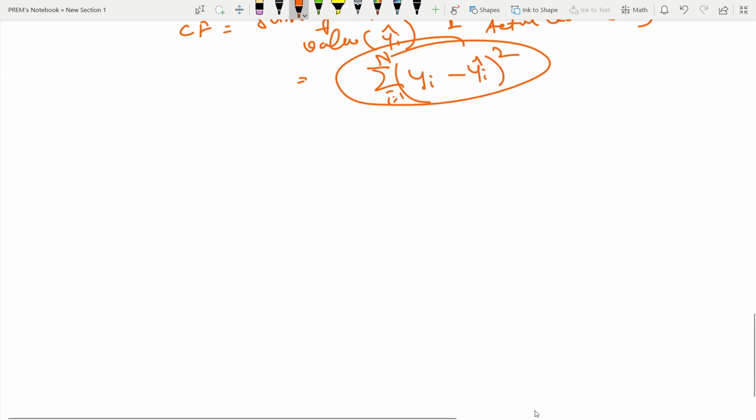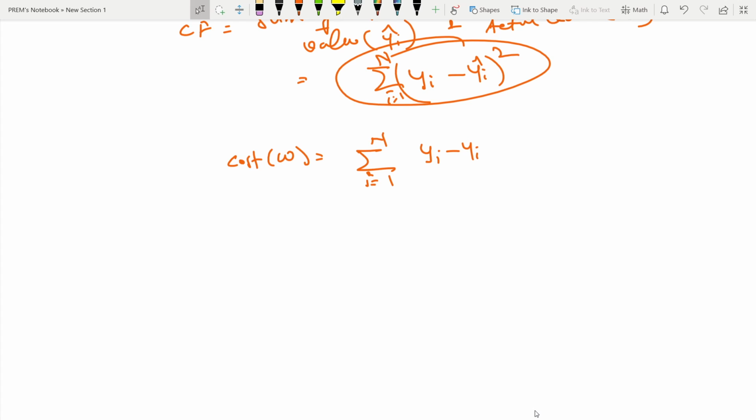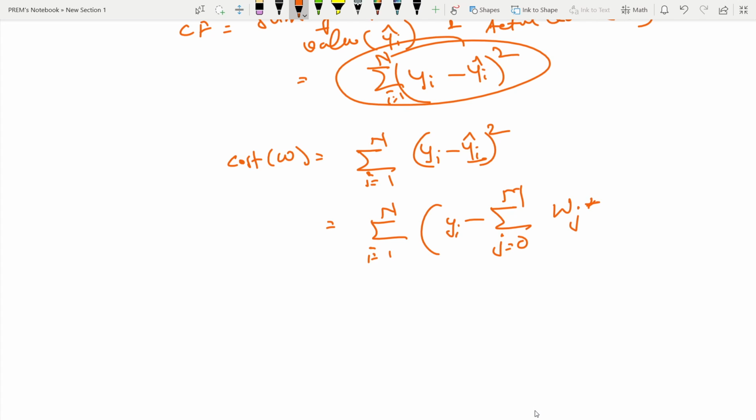So we can write the cost of w as sigma i equal to 1 to n of yi minus y hat whole square, where in place of y hat we write sigma j equal to 0 to m of wj multiplied with xij, whole square.